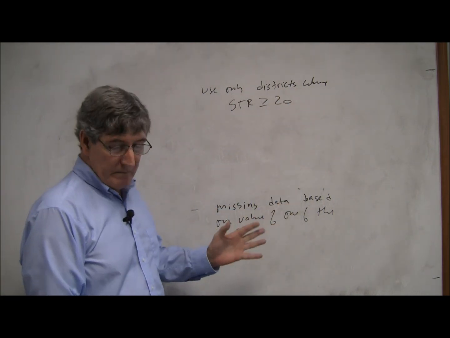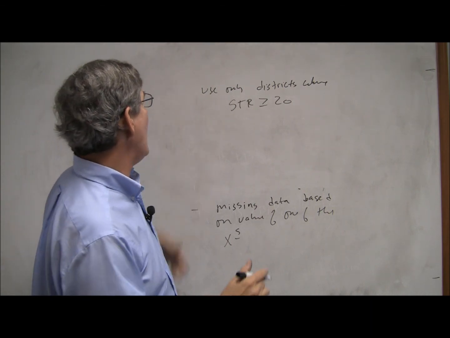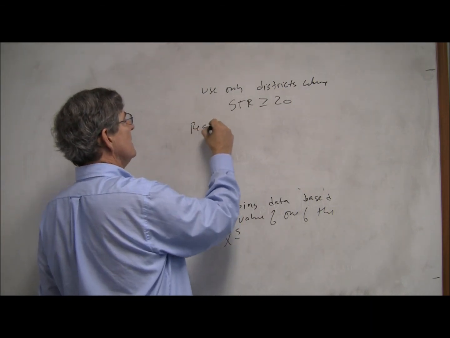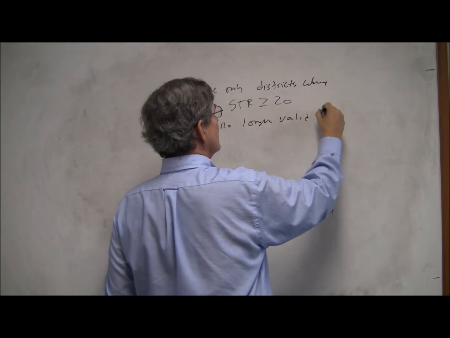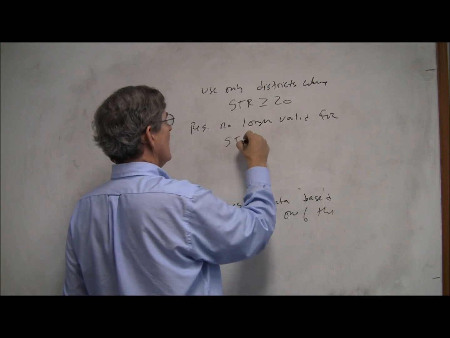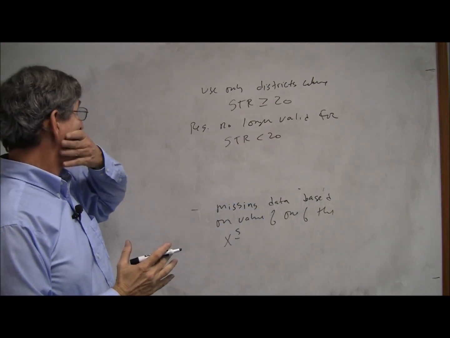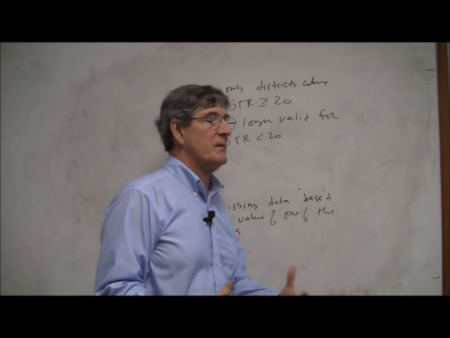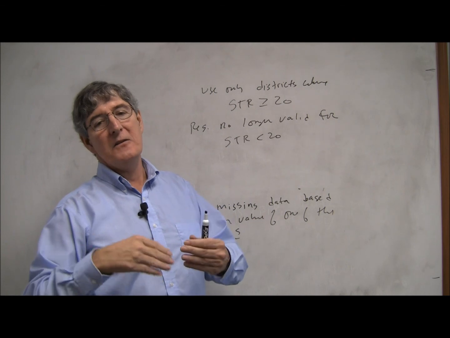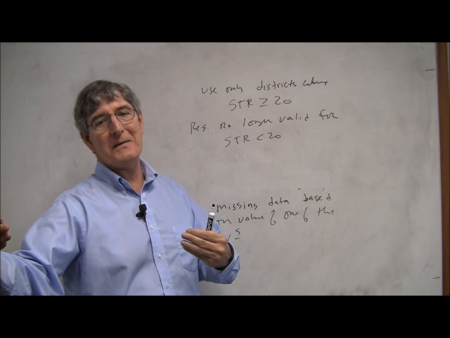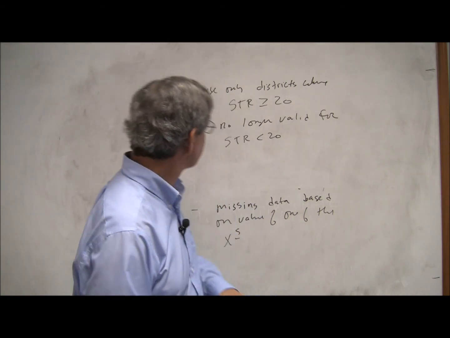Well, we could run that regression, but now it's not going to be valid for STR less than 20 because we don't have that kind of data. So whenever your missing data is related to the x, you then get a correlation between the error term and the x again, and that causes bias.